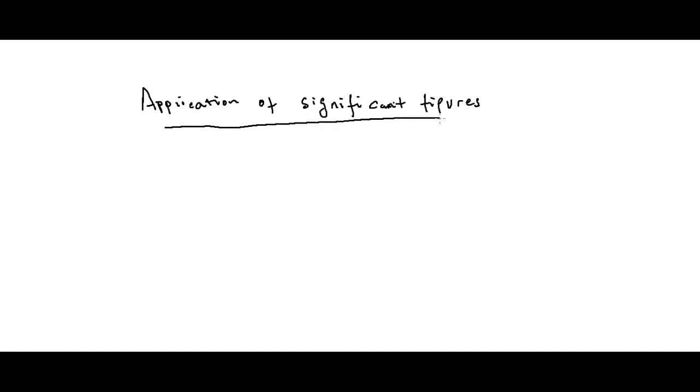So now we're going to see the applications of significant figures. What is the application of significant figures? When we deal with applications of significant figures, we have to break down the order of operations.